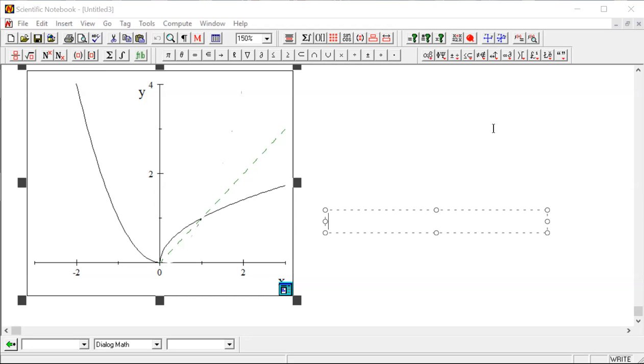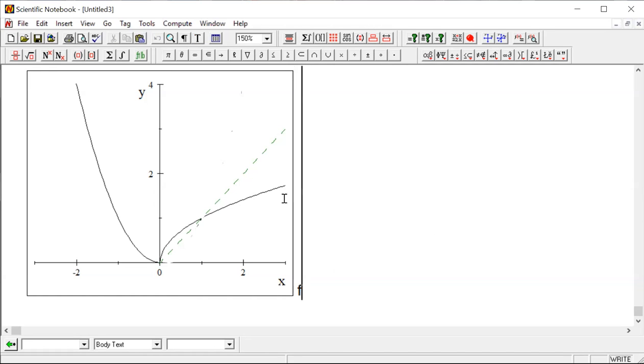I'm going to write it down here. f of x equals x squared, where x is negative, and the other function, square root of x, is where x is greater than 0.